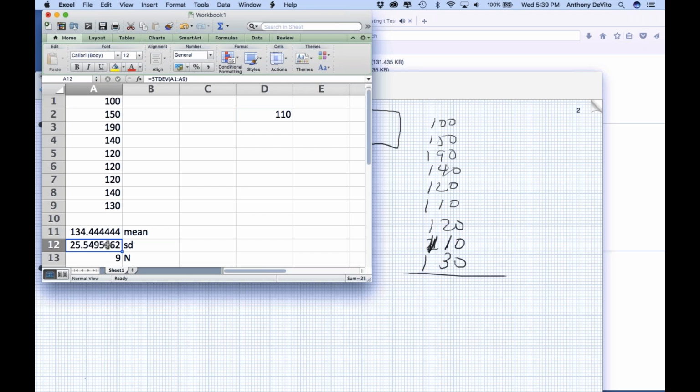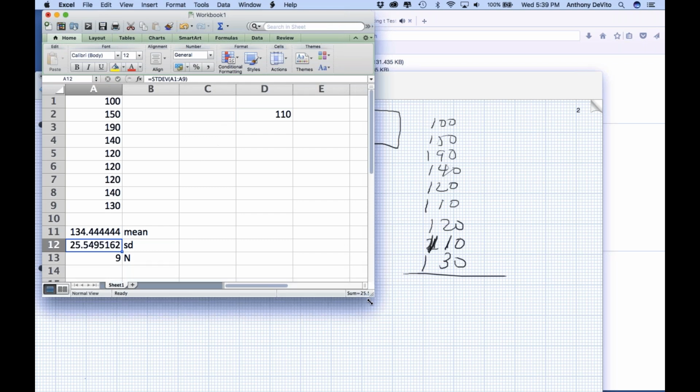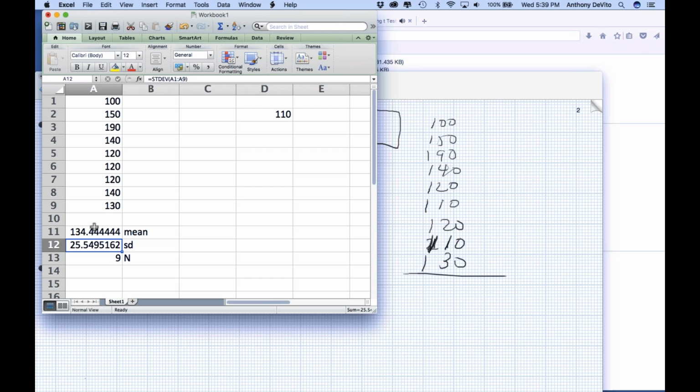Okay, so now, since I know that I'm working with a sample and not a population, I want to examine how repeated samples of size 9 would behave when I take the means of all of those samples and look for a distribution. We know that they're not going to be spread out the same way the population is.